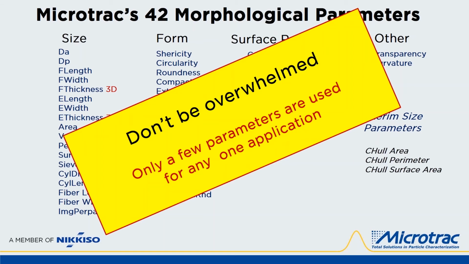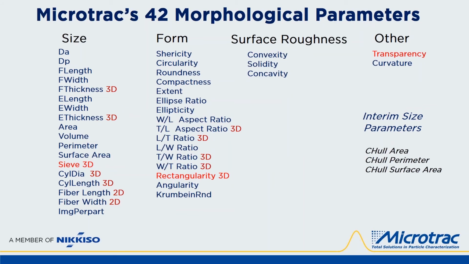But don't be overwhelmed. Only a few parameters are used for any one application. Some of the parameters are available in only the 3D mode, where thickness is used in the calculation. For this application, we'll monitor the sieve parameter size in column 1, a 3D parameter which is calculated from both the width and thickness parameters.